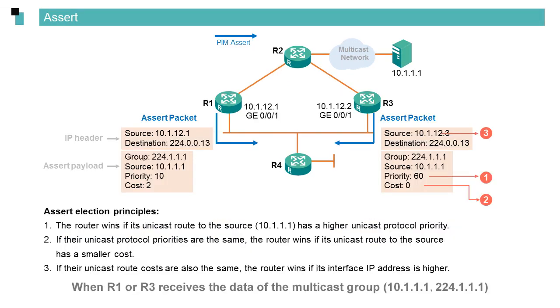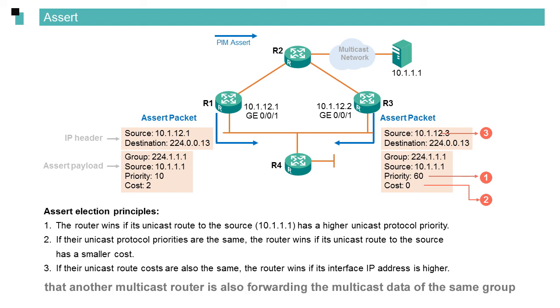When R1 or R3 receives the data of the multicast group (10.1.1.1, 224.1.1.1) from its downstream interface GE0/0/1 in the group (10.1.1.1, 224.1.1.1), each router will become aware that another multicast router is also forwarding the multicast data of the same group.